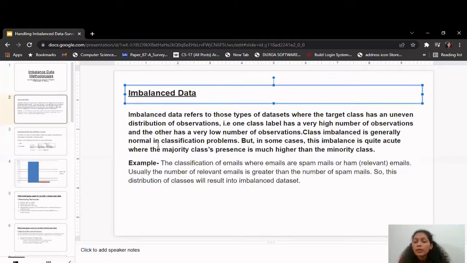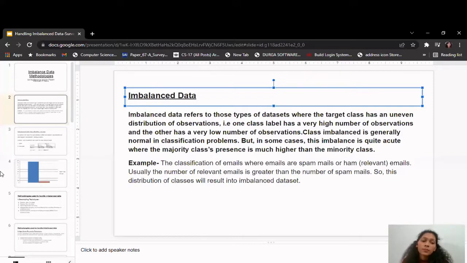So what we are trying to say is that whenever we take an imbalanced data and we try to train a model on it, it is basically going to predict not so accurately, because one class is distributed with a lot of data and the other class is distributed having a small amount of data. So this is the imbalanced data problem.